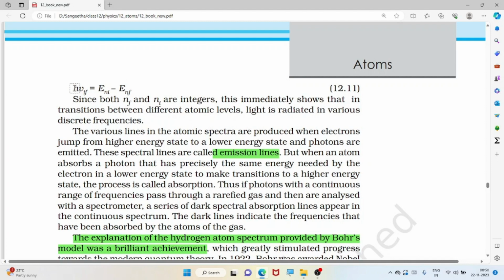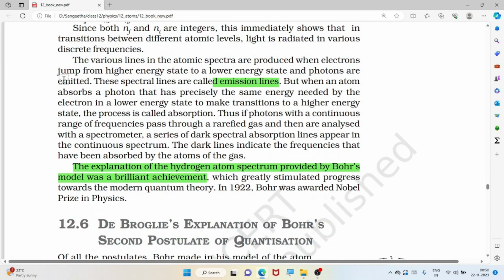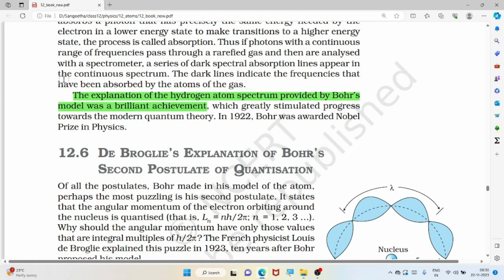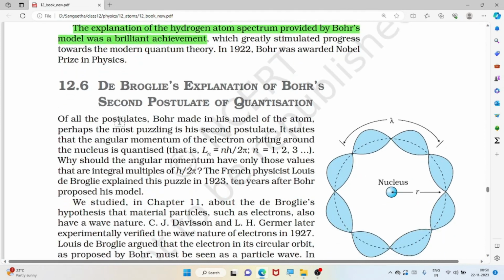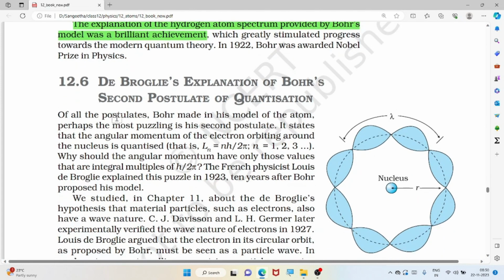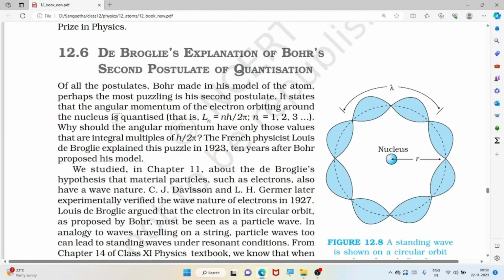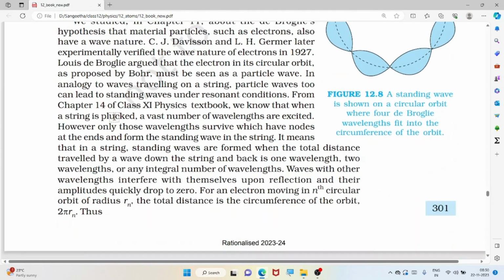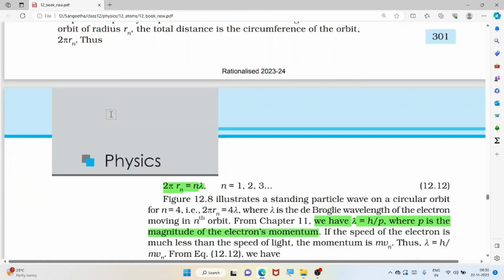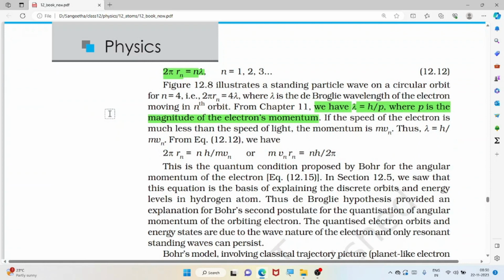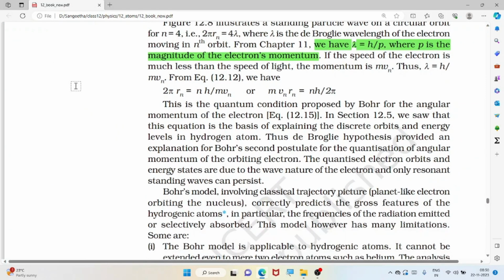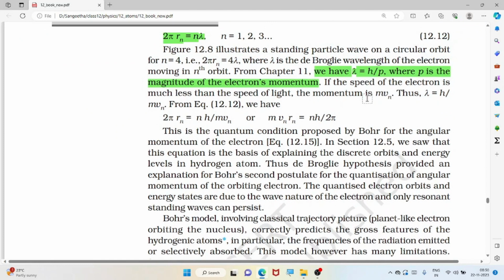The difference in energy is equal to Planck's constant times the frequency. De Broglie's explanation of Bohr's second postulate of quantization: 2 pi r equals n lambda. Lambda equals h by p, where p is the magnitude of the electron's momentum.